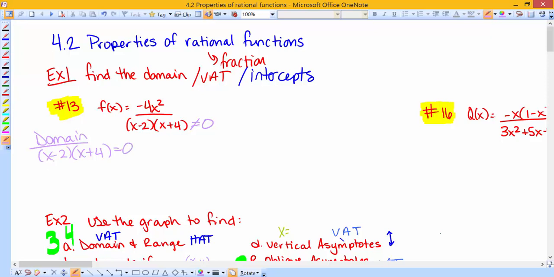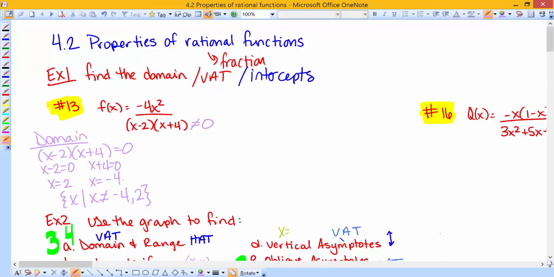I need to find what makes this 0. So x minus 2 equals 0, which gives me 2. X plus 4 equals 0, which gives me negative 4. So my domain is x such that x cannot equal negative 4 or 2. It can equal anything else but negative 4 and 2. Sorry, I forgot to write the negative 4 on that.